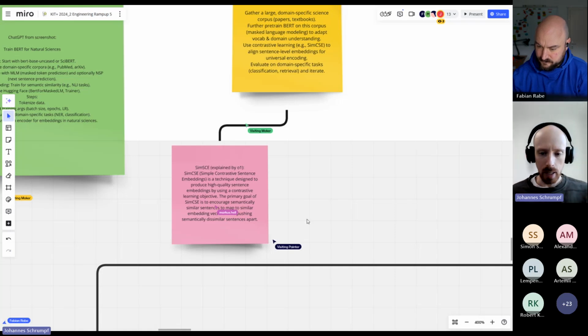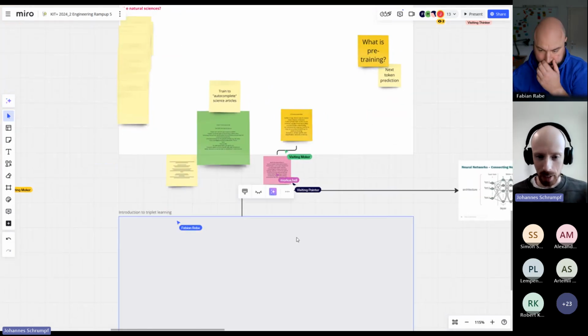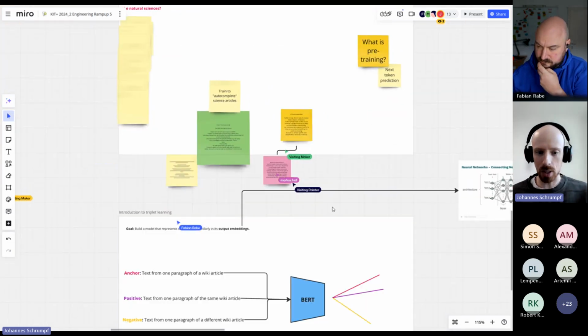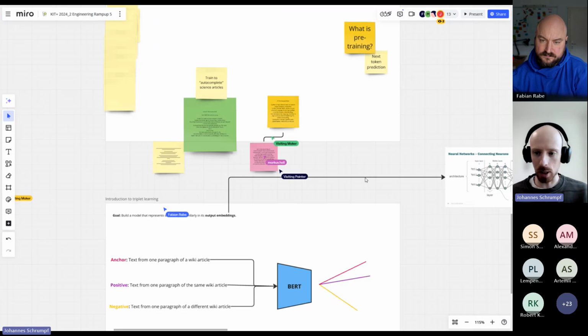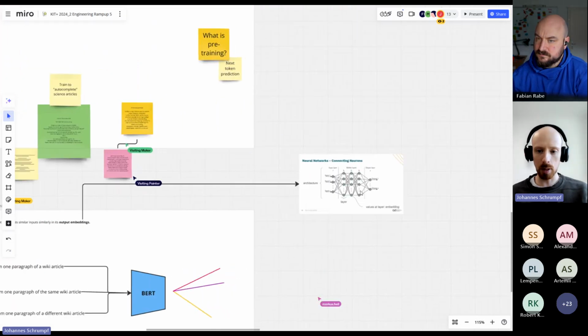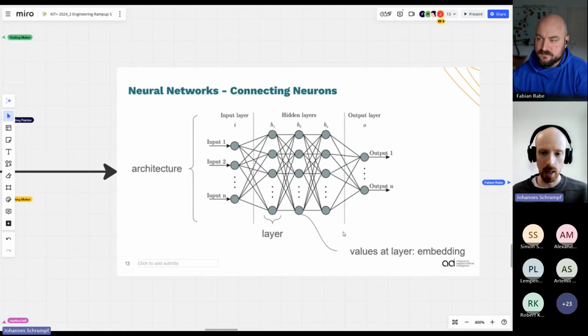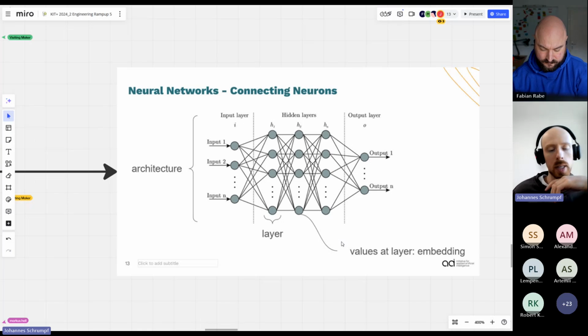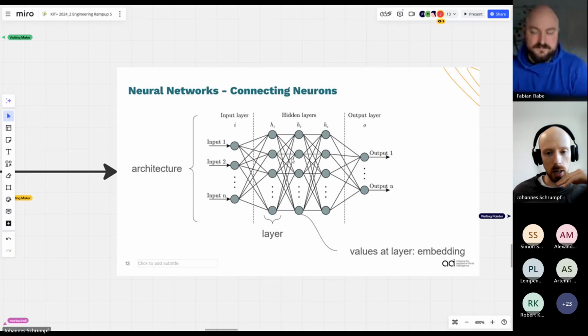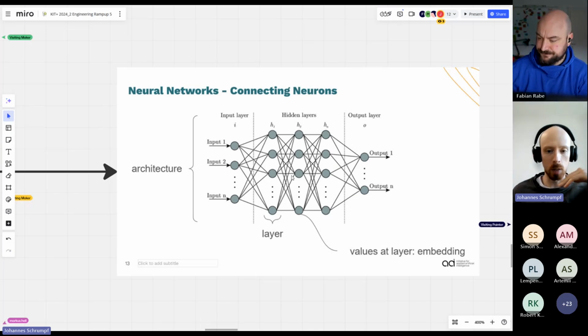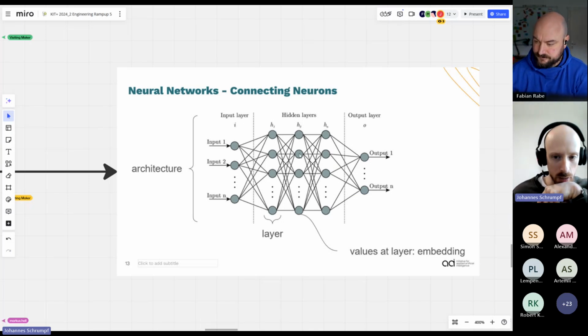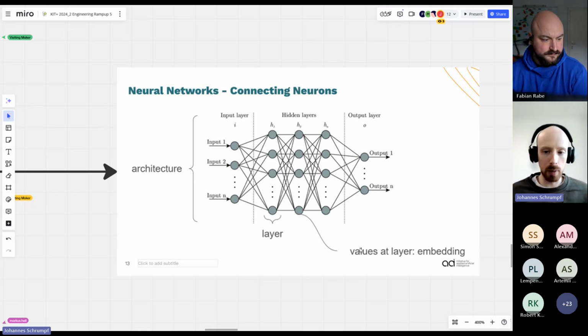So, I can just reveal the next card here and immediately make this connection to one of our slides in the previous session, where we looked at a typical network architecture. And here we said, okay, well, embeddings are just values at a certain layer. So when you put something in, you get the values of the neurons at a certain layer out, and you can do something with it.